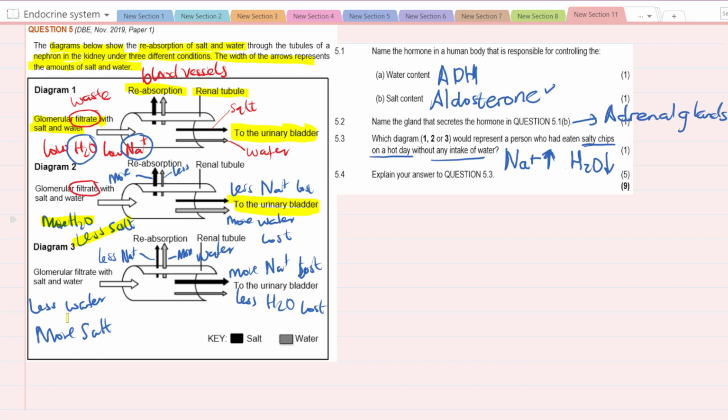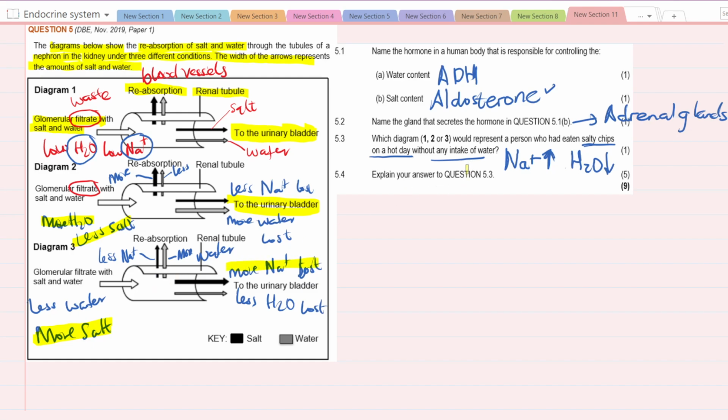This person has eaten salty chips on a hot day, so you may have more salt in the blood, therefore less of the sodium will be reabsorbed and more of it will be lost.